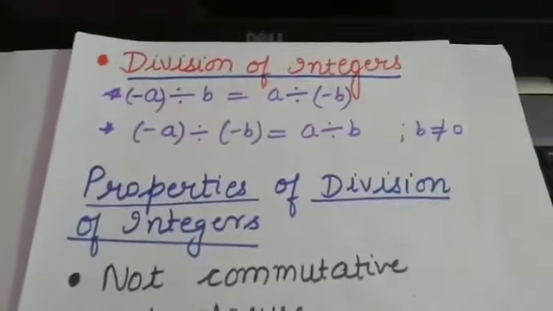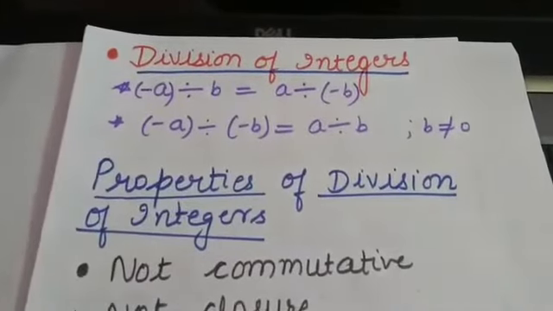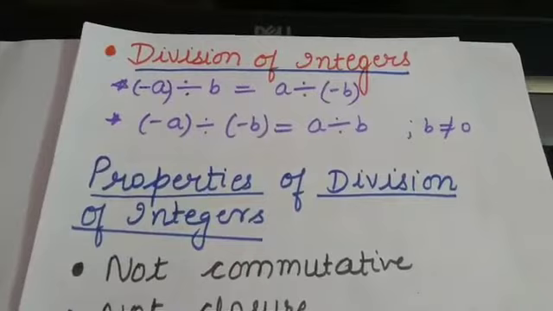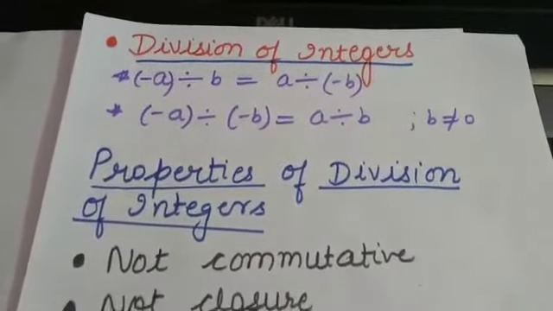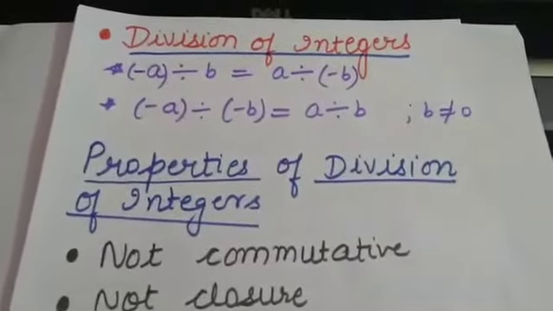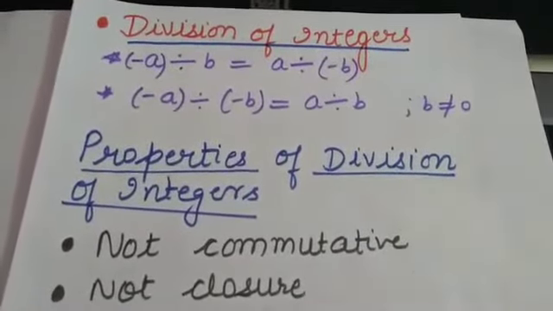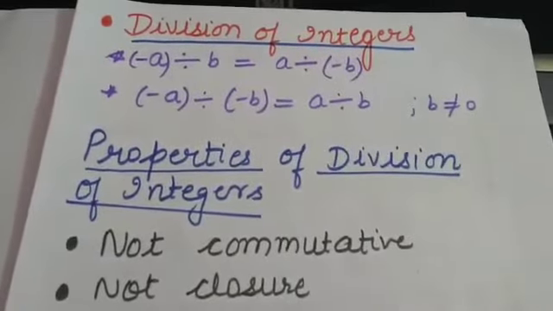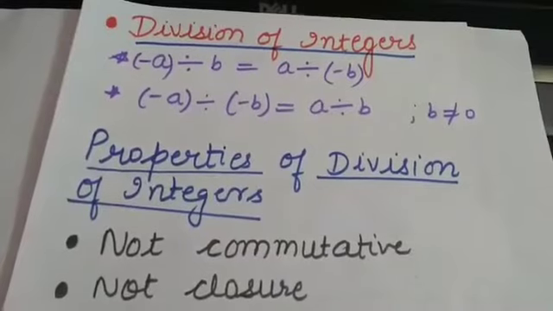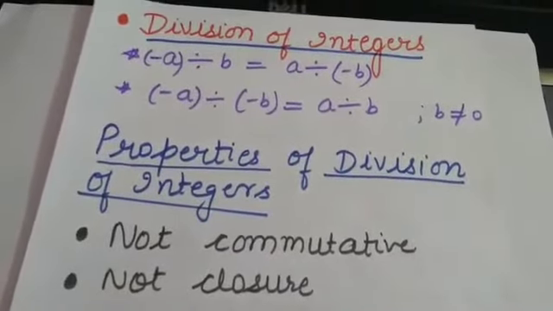Now come to the next, that is properties of division of integers. Division of integers does not follow the commutative property. How can we say this? Suppose you are dividing 2 divided by 3. Here I have taken two integers 2 and 3. What does the commutative property say? a divided by b must be equal to b divided by a.